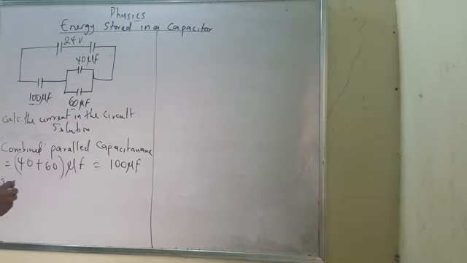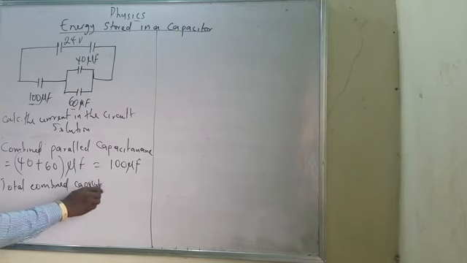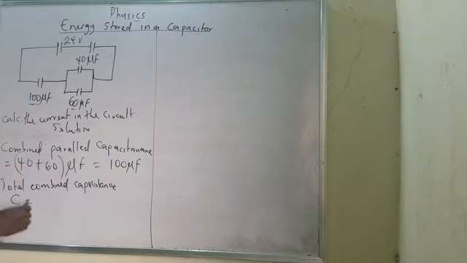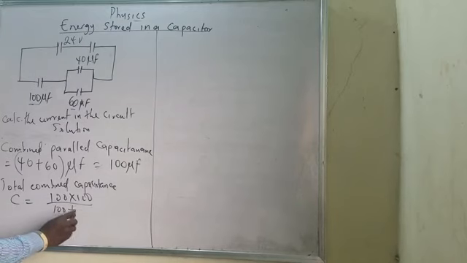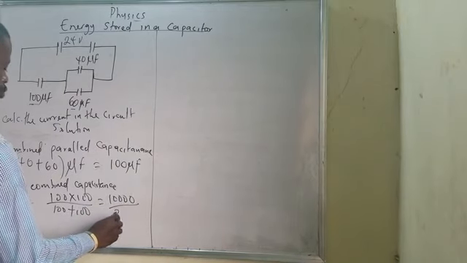Total combined capacitor, or capacitance, which is going to be C equals, as I've told you earlier, 1 times 100 divided by 100 plus 100, which will be equal to 10,000 divided by 200.